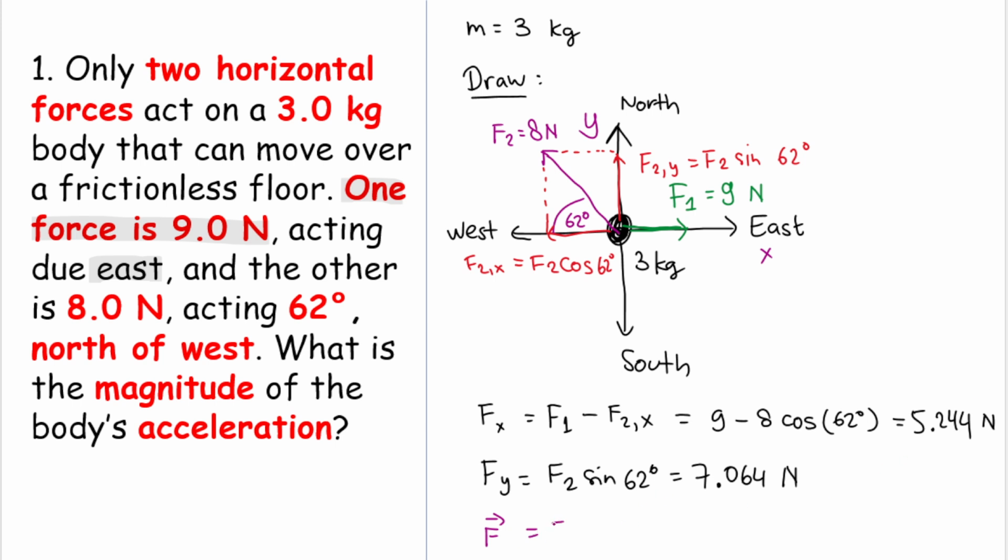So I'll have 5.244 on the x direction, so I'll have i here, and then plus 7.064 here on the j direction. Okay, but the question is not asking about the force, it is asking about the acceleration. Okay, maybe now let's clean up our slide and go on to solve that.